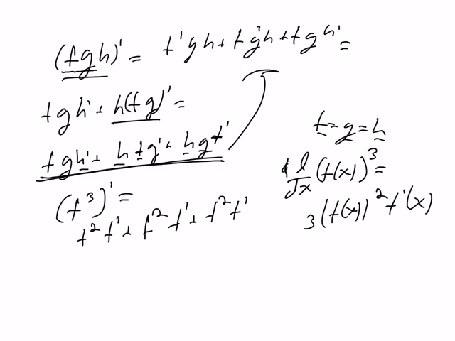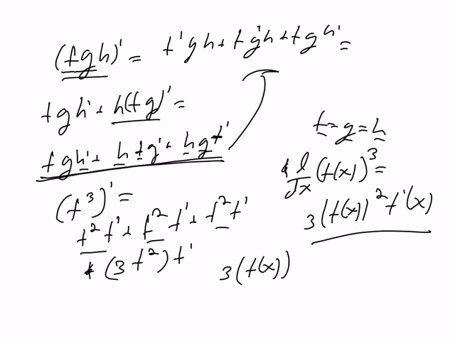We take out the f prime, and what we get is 3 f squared, all times f prime, which is the same as 3 times f of x squared times f prime of x. That's the same as that. So that's the proof.